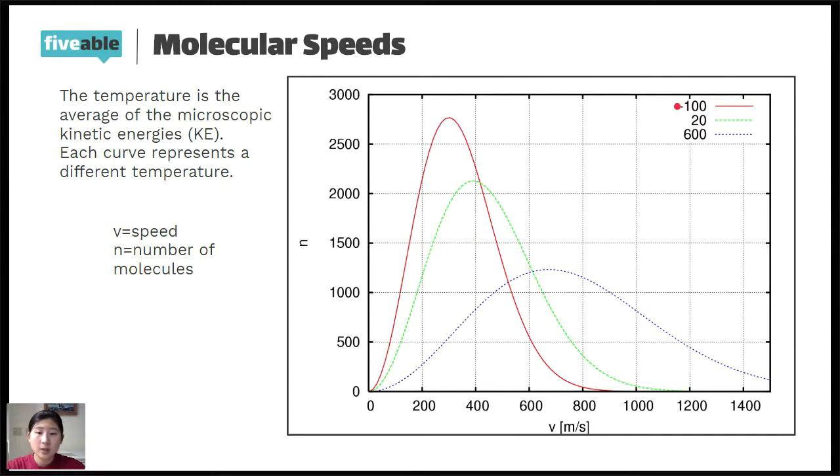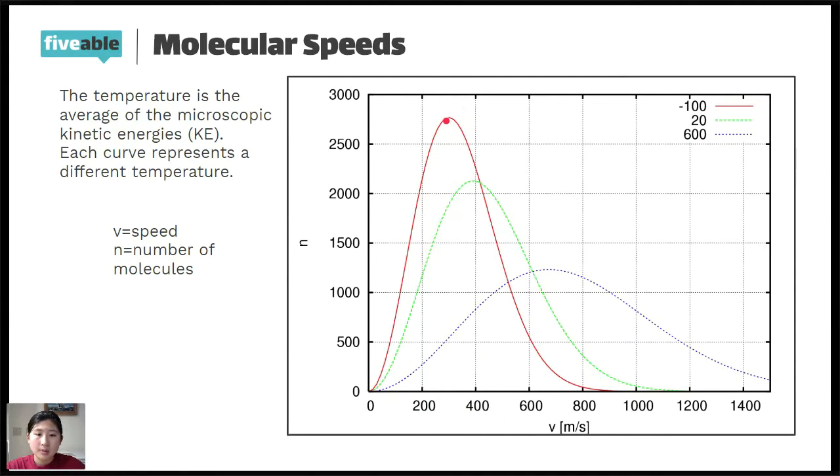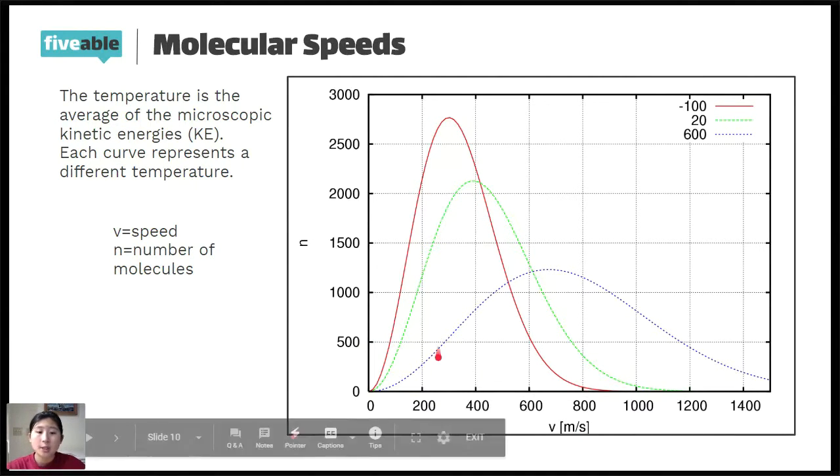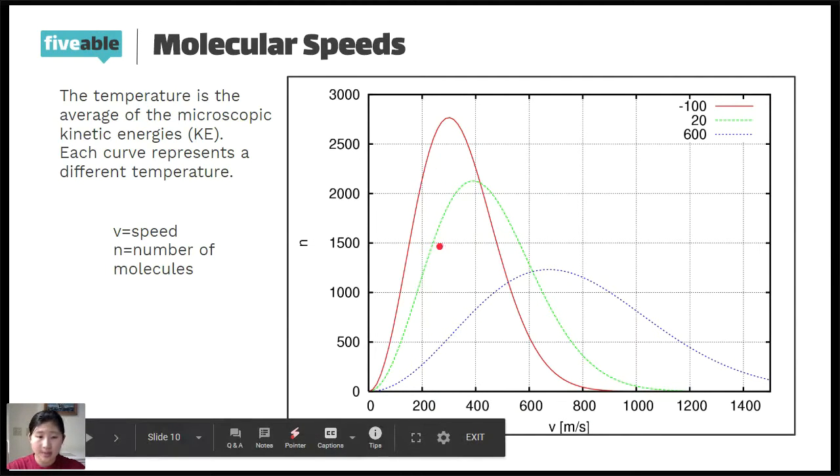That negative 100 is temperature, but what we just did over here, 300 V, is the speed. The most popular speed, when we look at this chart, translates into the average speed. So the average speed, the most popular speed, is equal to 300 meters per second.